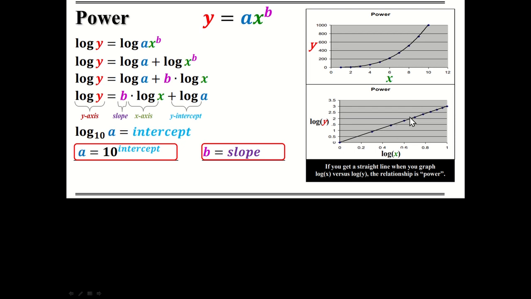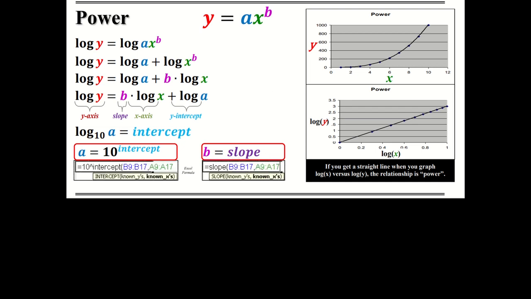If we get a straight line here, it tells us it follows this form. And we can find out what A is by doing this, and we can find out what B is by doing that. I'll go over that again, but these are the formulas you could use in a spreadsheet to calculate the slope or the intercept.